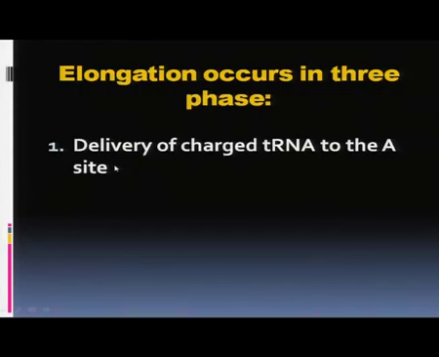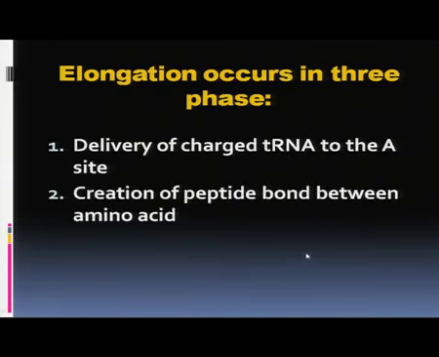The first step of elongation is delivery of charged transfer RNA to the A site. The second step is creation of a peptide bond between amino acids. As we know, for the formation of a polypeptide chain or protein, the amino acids have to combine together, and they combine with the help of a peptide bond.